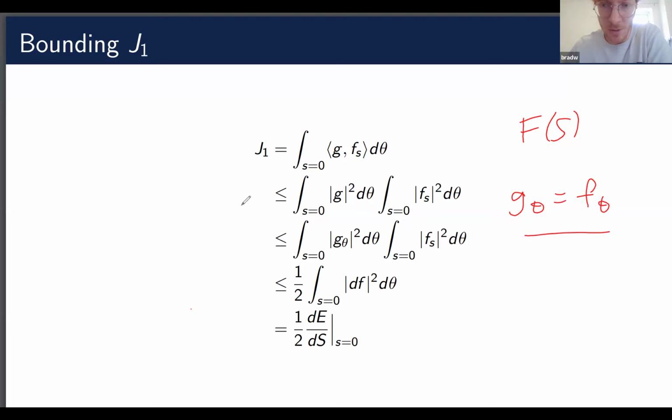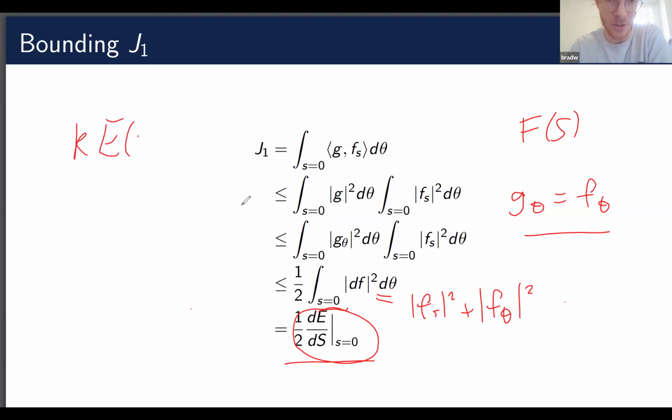Remember, the F squared was just norm of Fs squared plus F theta squared. And then, of course, this is just the derivative of the energy at S equals 0. So this is promising because we've now got at least one of the terms on the right-hand side involving the derivative of the energy, which is what we wanted to prove. Because remember, our differential inequality was something like this.